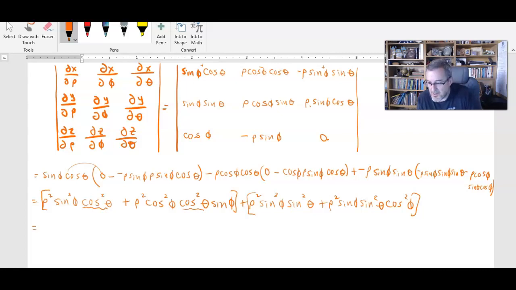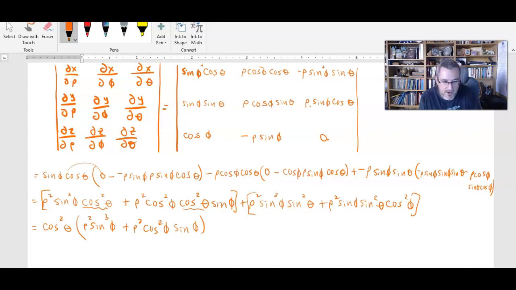So I'm going to factor out a cosine squared theta. What I'd be left with is rho squared sine cubed phi plus rho squared cosine squared phi sine phi.